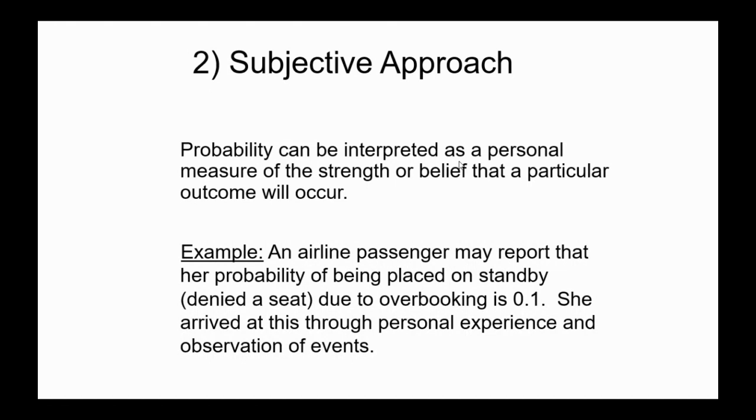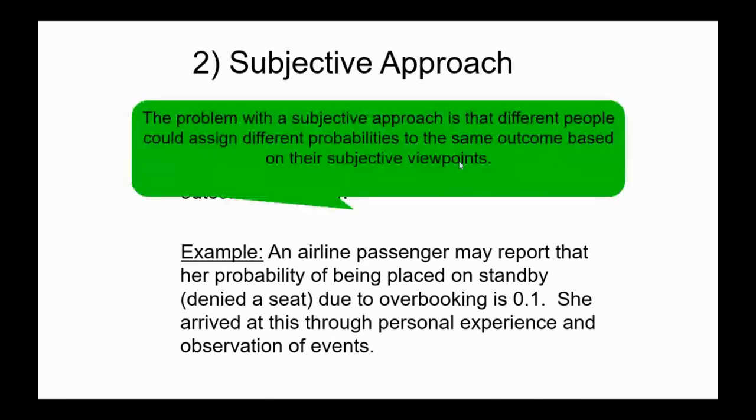She came to this through personal experience and observation of events. So maybe 1 out of 10 times she gets to the gate and they put her on standby. Then she'll say, oh, it's got a 10% shot. But that's subjective. It's based on her experience and maybe a few observations.